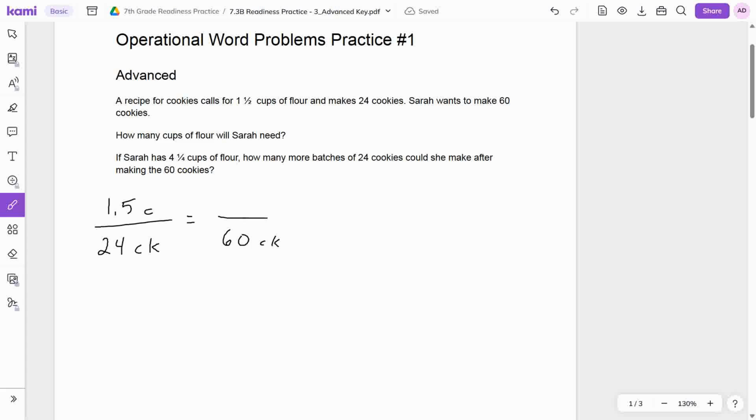Well, I could find the unit rate, right? But I've already got a proportion set up here. Let's use cross multiplication. We know that if we multiply 1.5 times 60, I'm going to make that x unknown. That's going to equal 24x.